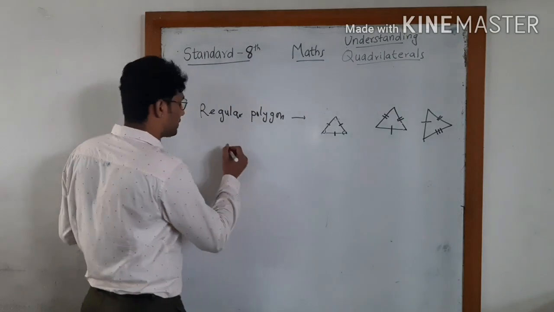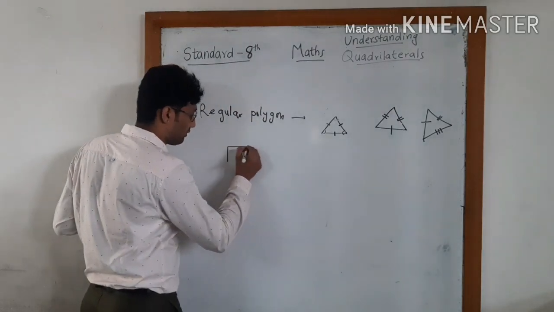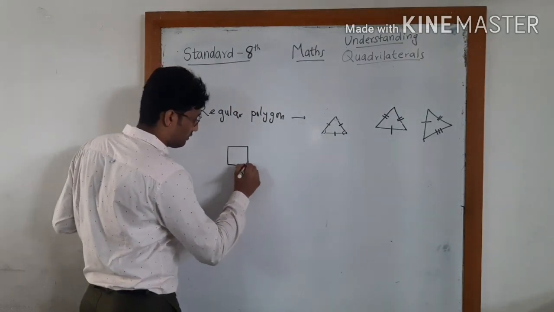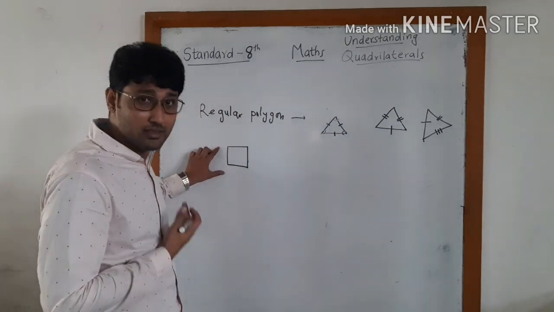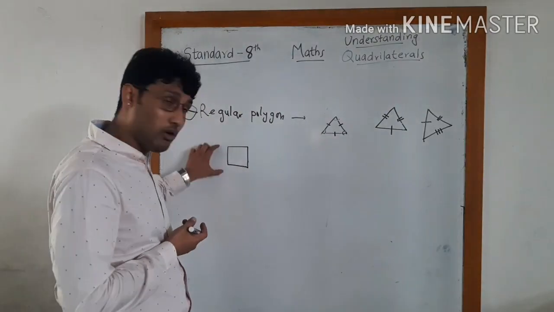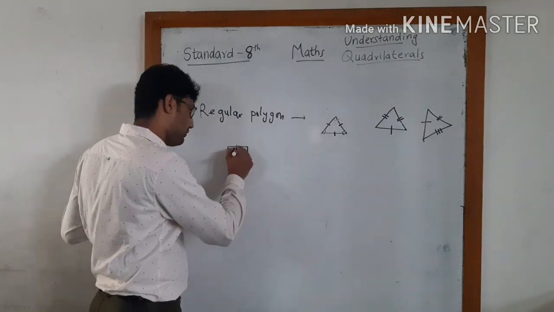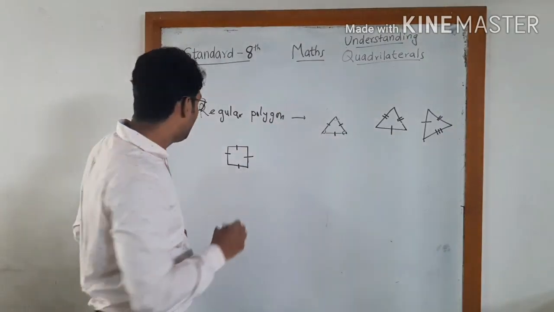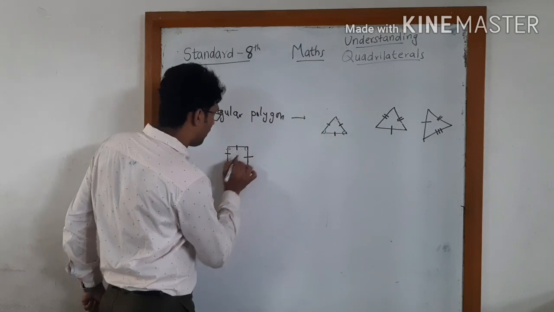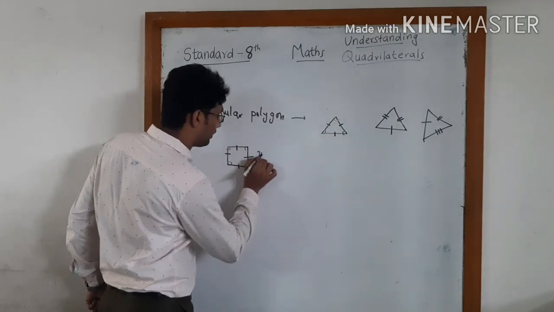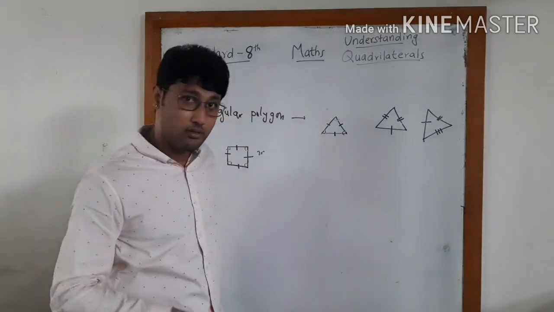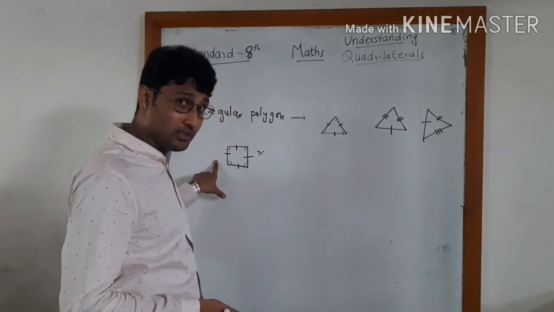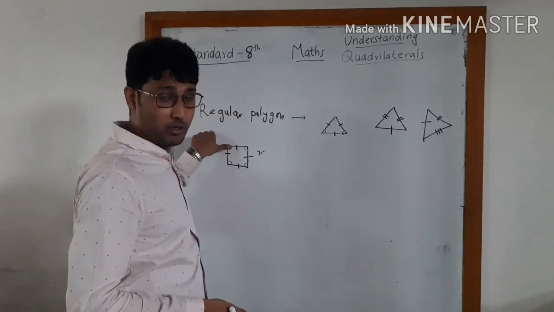Think about a square. Please consider this as a square. For this square, all the sides are of equal length, and you know that for a square, all the angles are 90 degrees, which is equal. So a square is a regular polygon.